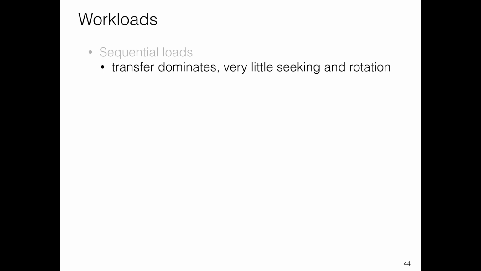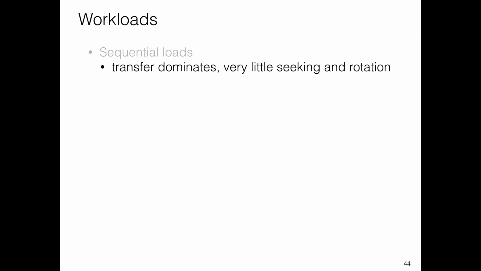So why do we require seeking and rotation? Even if there's less seeking and rotation in sequential load, isn't it an order of magnitude more than transfer?